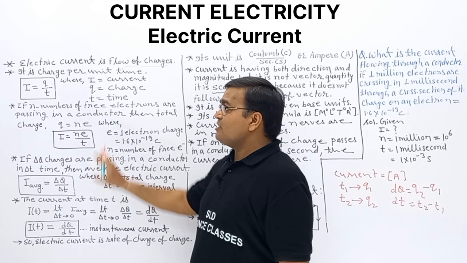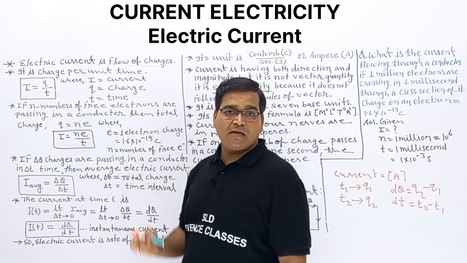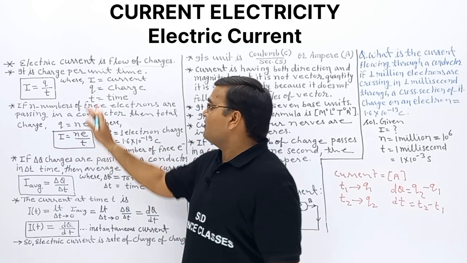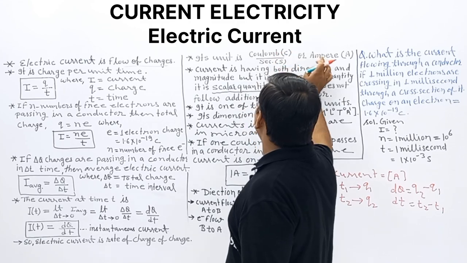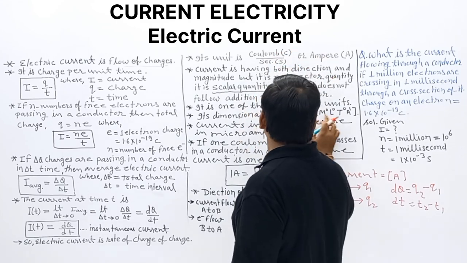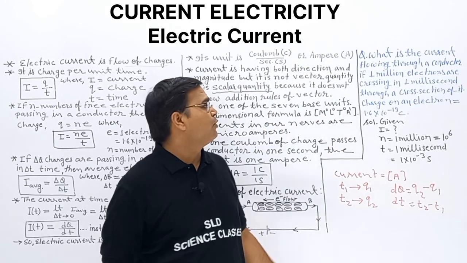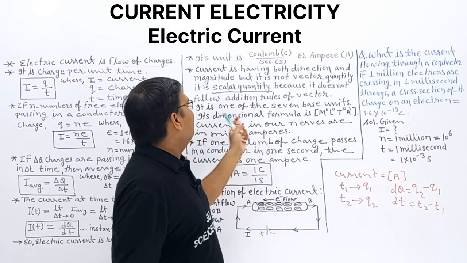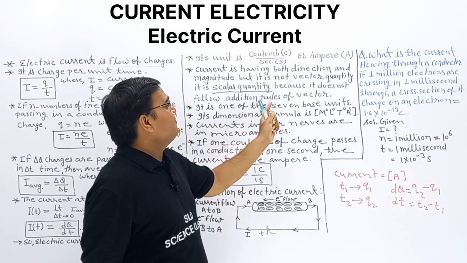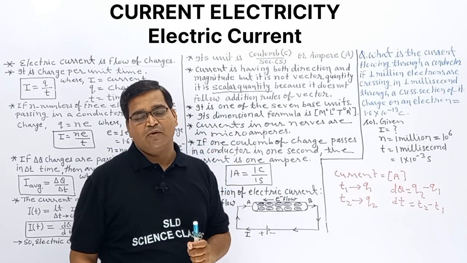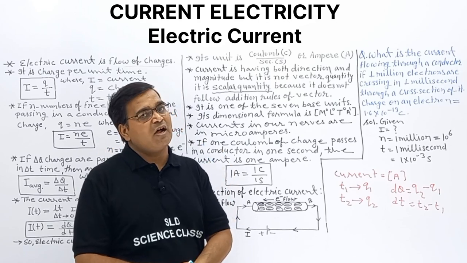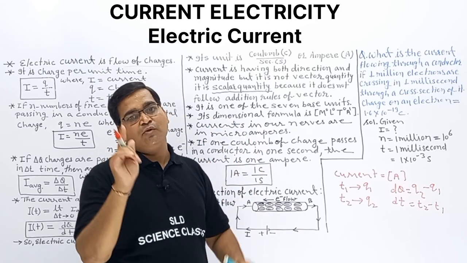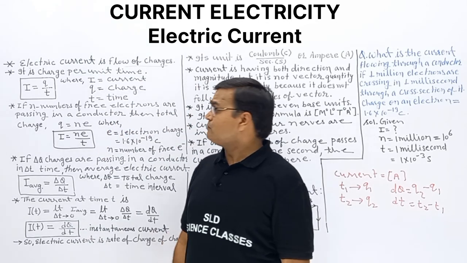Clear? This is the basic electric current, and its unit is coulomb per second, or ampere, and its dimensional formula is M0 L0 T0 A1. It is one of the seven base units. We have seven fundamental units, and out of these, current is one.